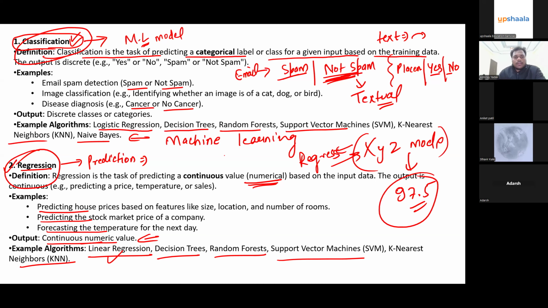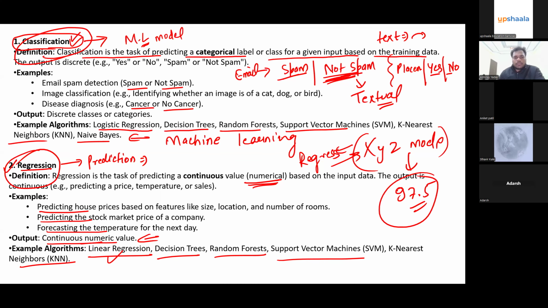Any doubt till here in classification or regression? Can you write yes in the chat so I know, and we can jump to the next slide?